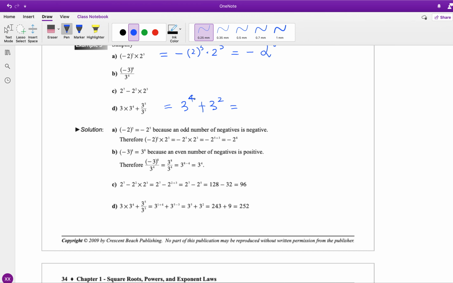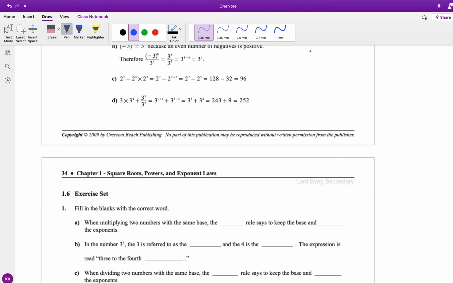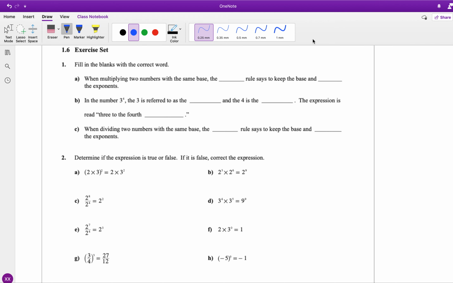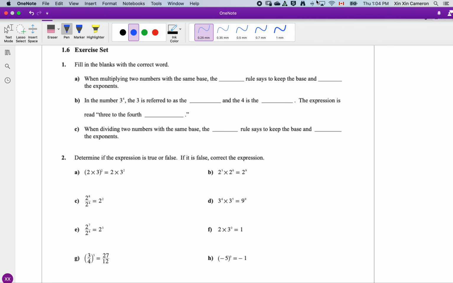This is to the 5. So then you have to do the exponent first. That's 243 plus 9 equals 252. Well, then we're done. So have fun with these questions. They should not be that difficult.